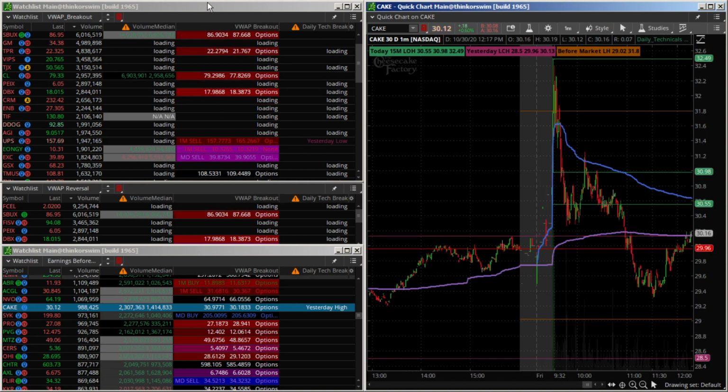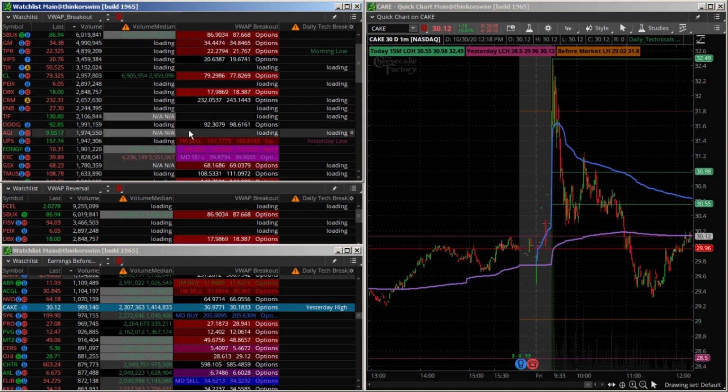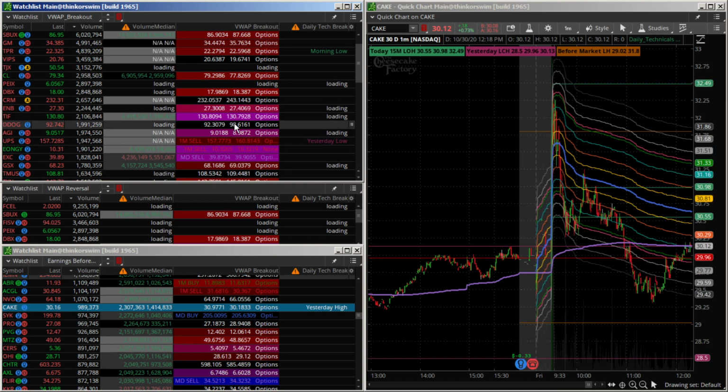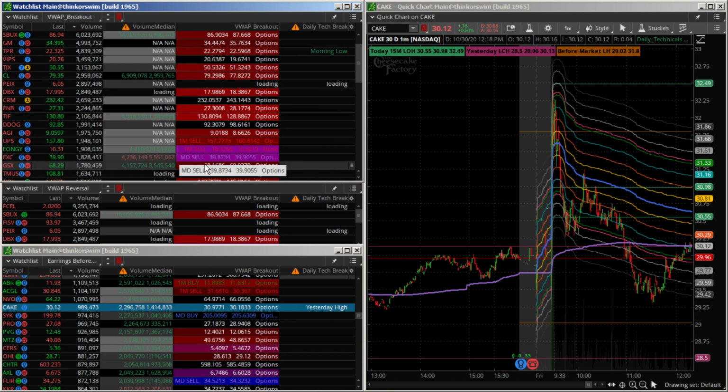So the scanners, the first one on top, just scans for every VWAP cross. It automatically refreshes per ThinkorSwim's refresh rate. This is a complicated script, so it will refresh at least between 3 and 7 minutes in general.